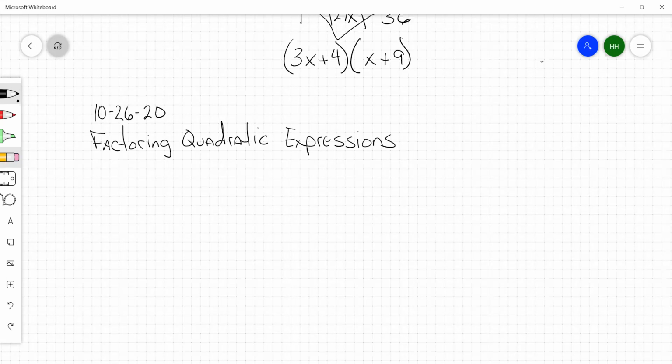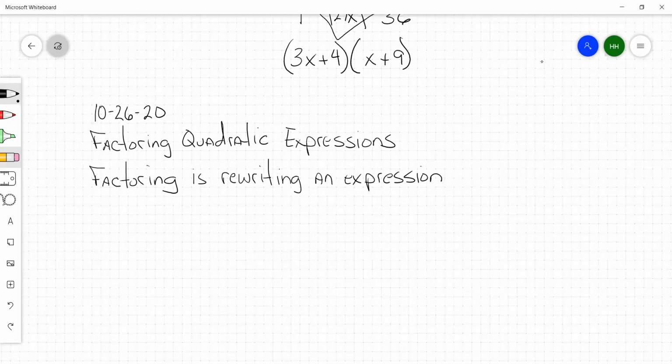And factoring is rewriting an expression as a product of its factors.